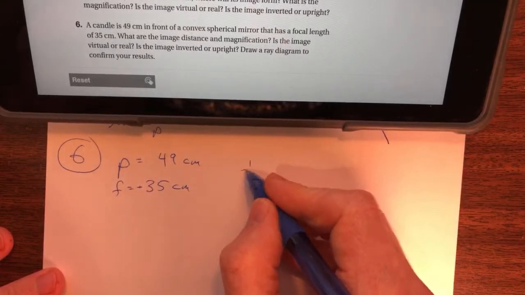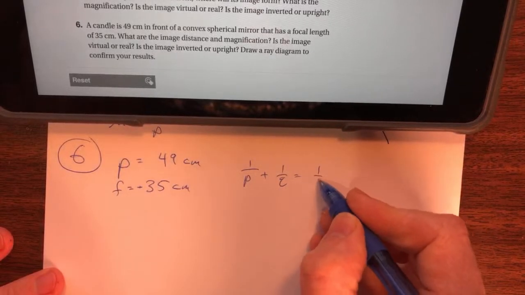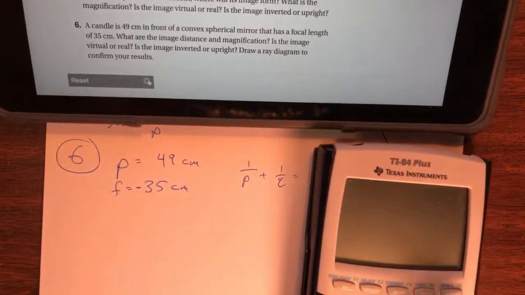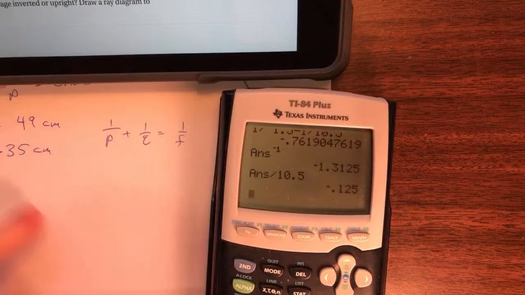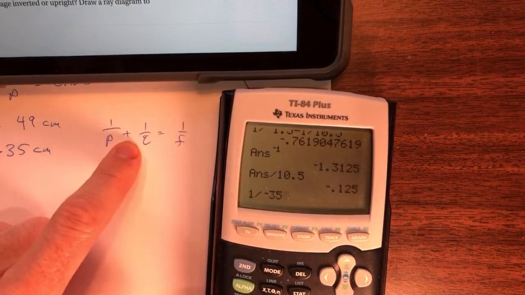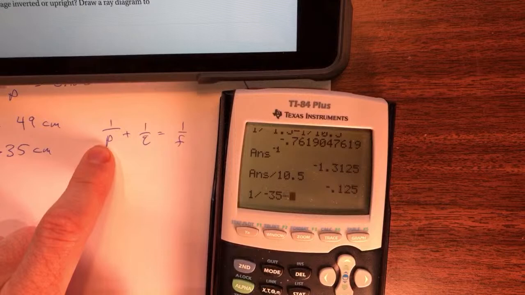Once again, 1 over P plus 1 over Q equals 1 over F. So your F is negative 35. So 1 divided by negative 35. And we want to subtract 1 over P from both sides. So that's going to be minus 1 over 49.